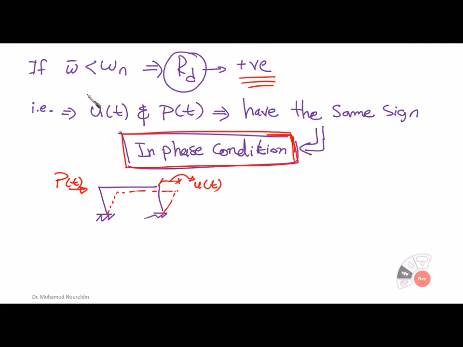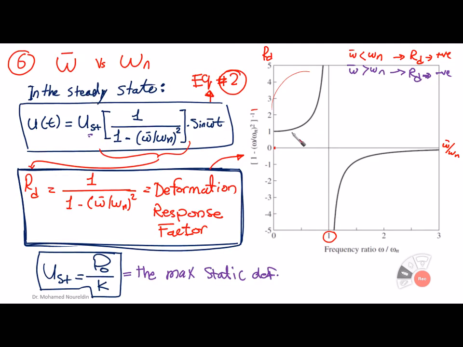Let's go back again to our graph. So we are in this part, whenever we have omega bar larger than omega n, so we are in this quarter. This means that RD is negative, and if you look here, you are going to find that the relation between u of t and u static has something to do with this factor, which is RD.